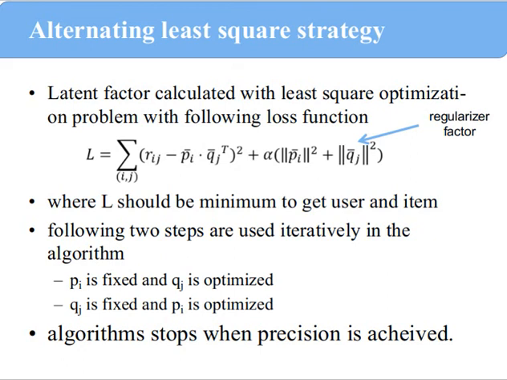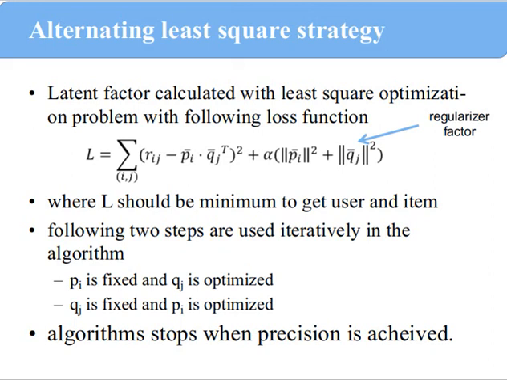So here L should be a minimum, and two steps are followed to get the minimized value of L. In the algorithm, first pi is kept constant and qj gets optimized with this pi.